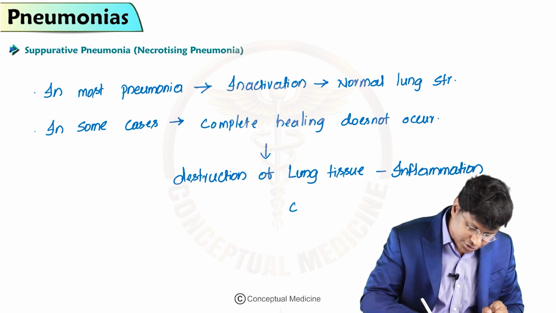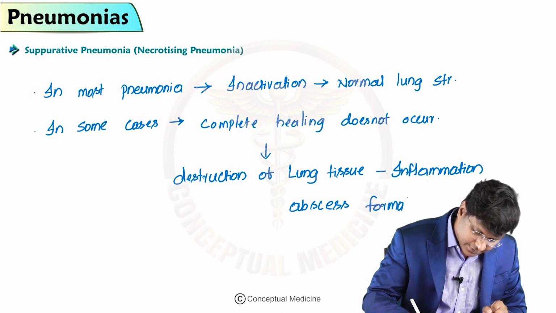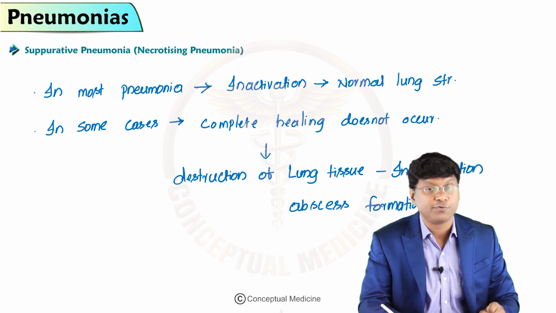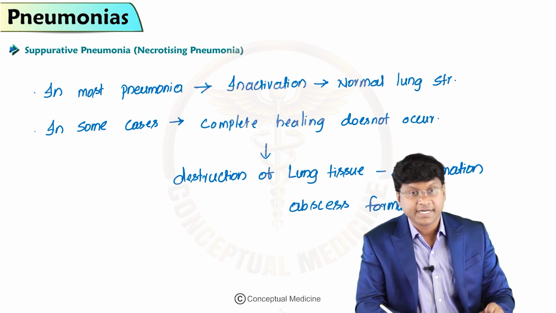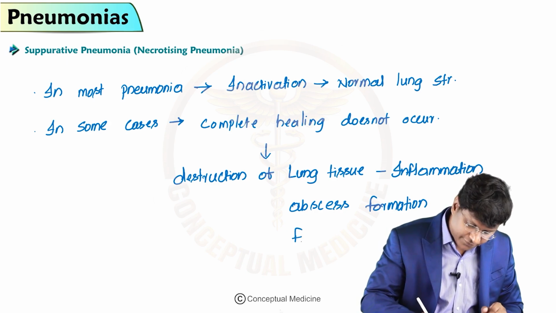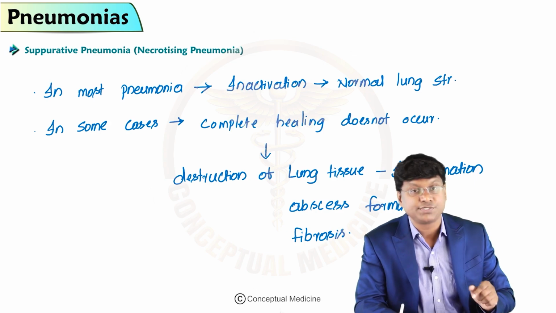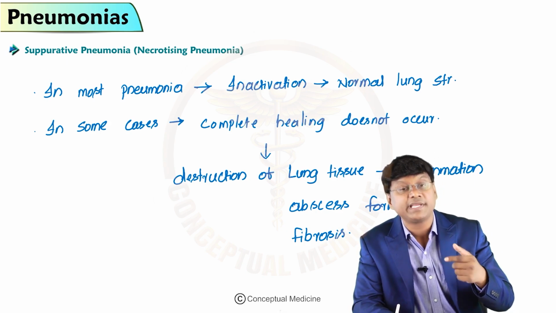And there can be destruction of the lung tissue by abscess formation, by the development of fibrosis, and by the development of bronchiectasis.